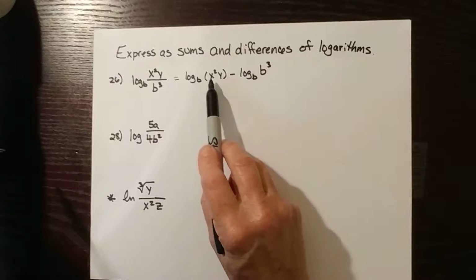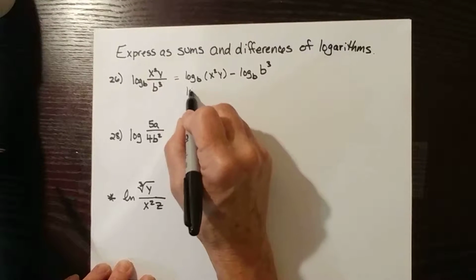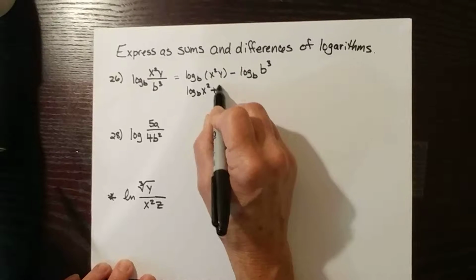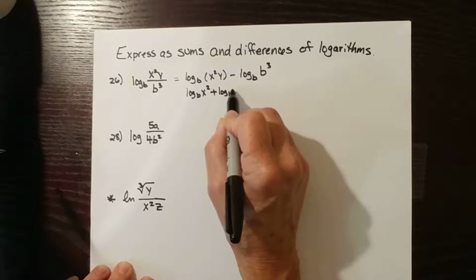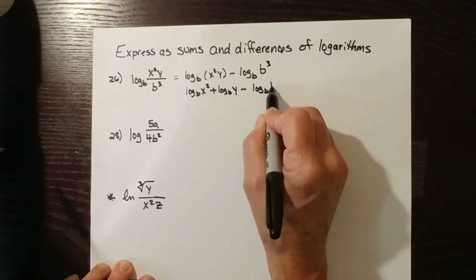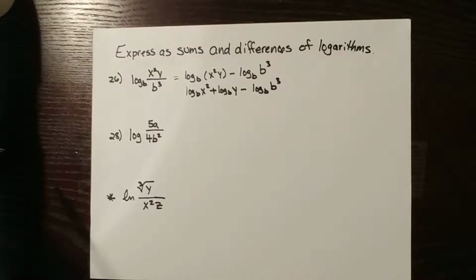When I look here, I see x squared times y. That's two things being multiplied, so I can use the product rule to rewrite that. So I'm going to do that. This is log base b of x squared plus log base b of y minus log base b of b to the third.